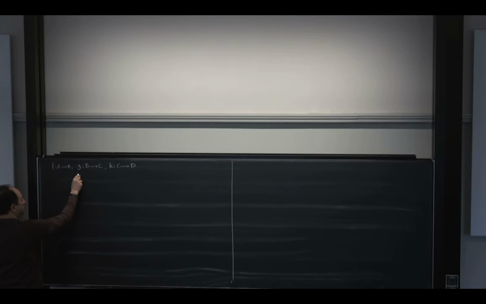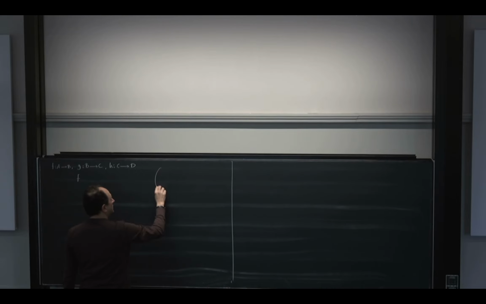So f acts first, and then g. So f takes an element from A to B. So if this is A, and this is B, and this is C, yes?